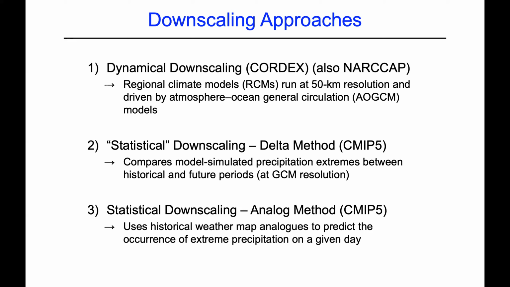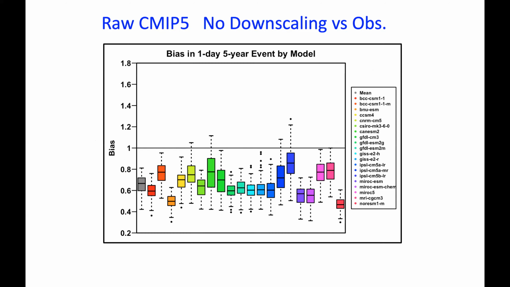rainfall in the Northeast. So the first thing, as all good climate scientists, we did a reality check. How well do these different approaches, these different models, do at simulating what has occurred in the past? Basically here we're comparing the model simulations from historical periods with the actual observations at stations.